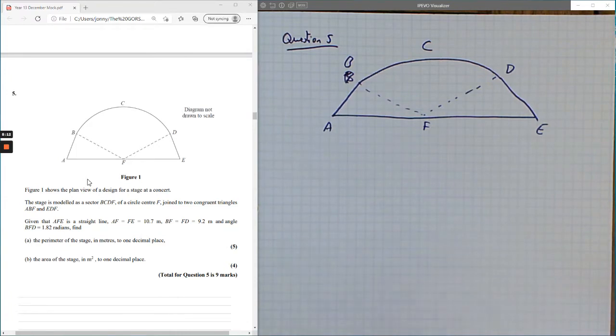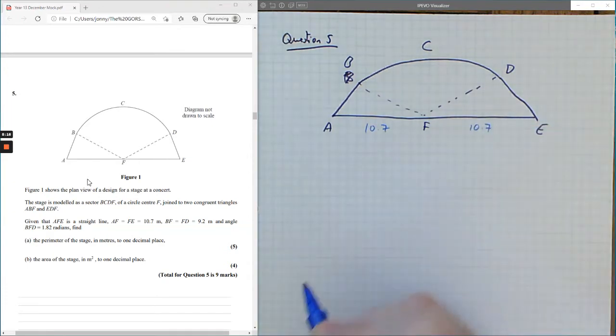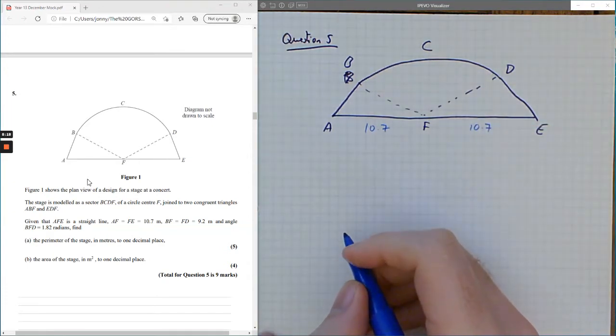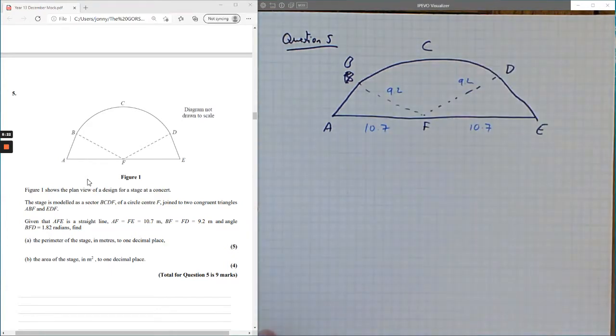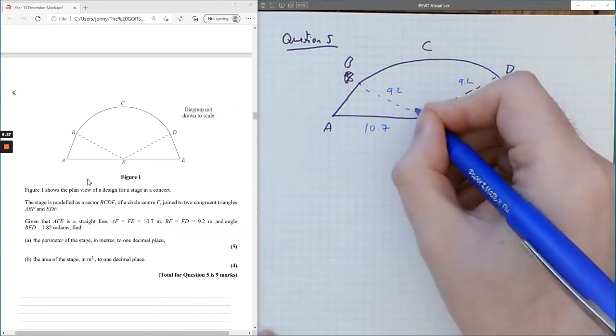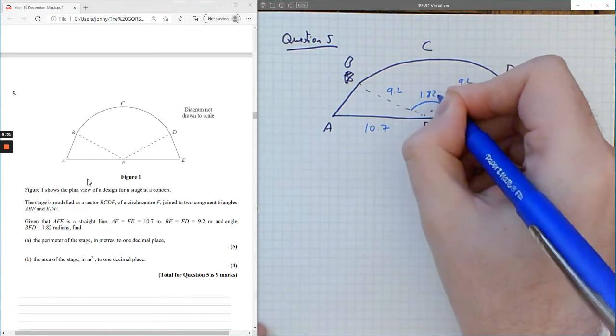So AF equals FE. So we've got 10.7 there and a 10.7 there. BF equals FD. So these are both 9.2. And angle BFD, so that's in here, is equal to 1.82 radians.